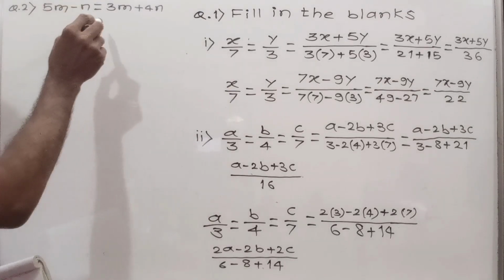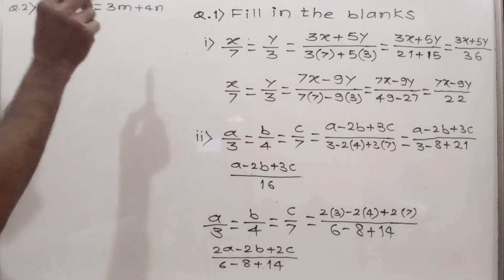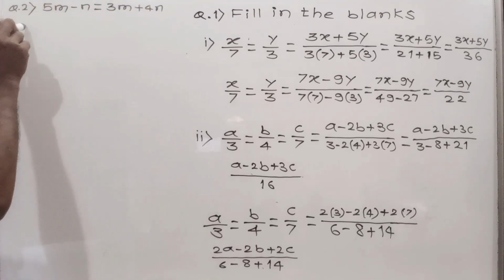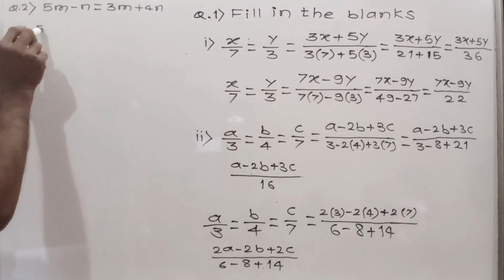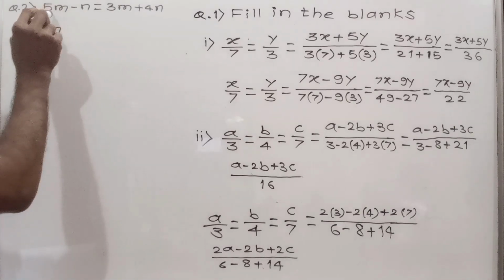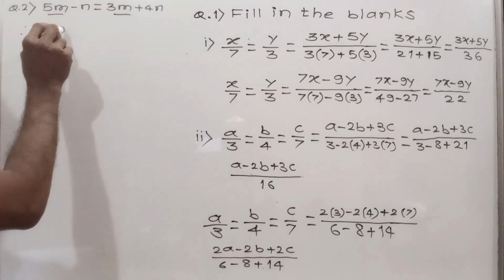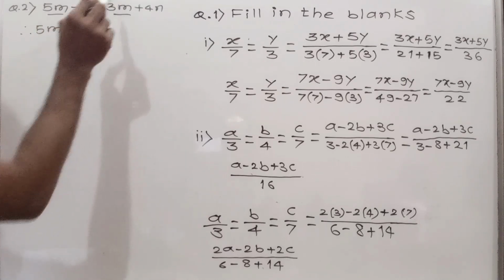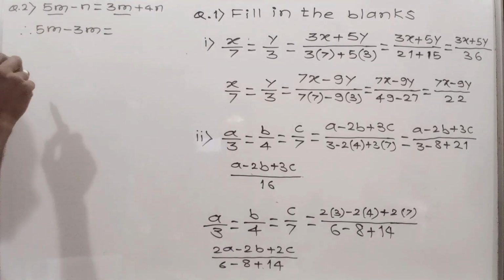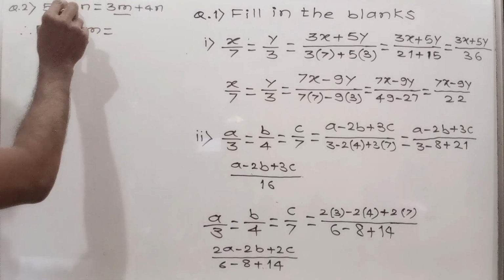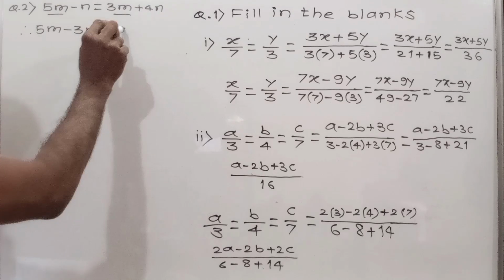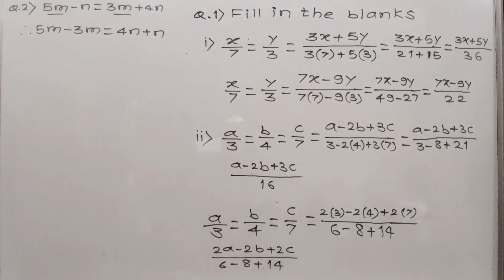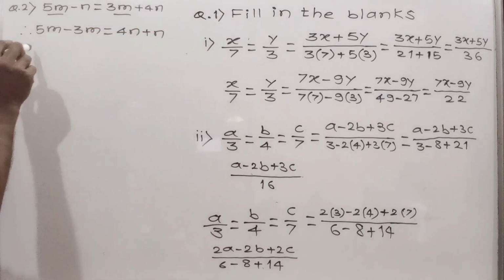First of all, we will find the ratio m is to n, or m upon n. Alphabetically m is first. So like terms we take together. This right side 3m we take to the left side, so it becomes minus, and this minus n we take to the right side, so it becomes plus.